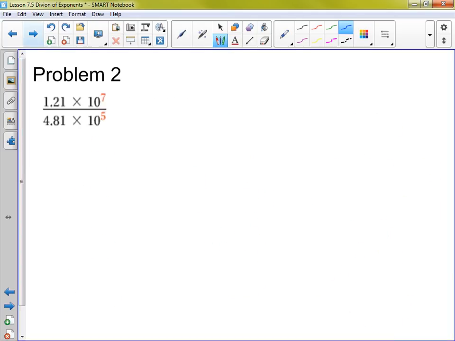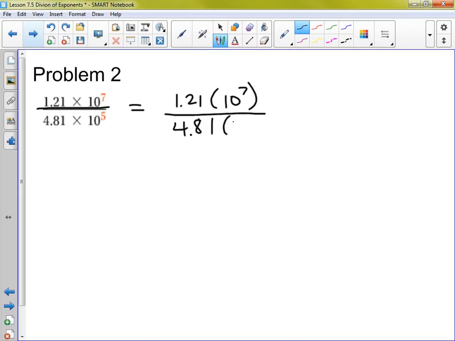Okay, the last problem involves scientific notation, which is why I saved it for last. And what you have are two scientific notation numbers being divided. Really, I could rewrite this though, 1.21 times 10 to the 7th over 4.81 times 10 to the 5th. It still means multiplication.